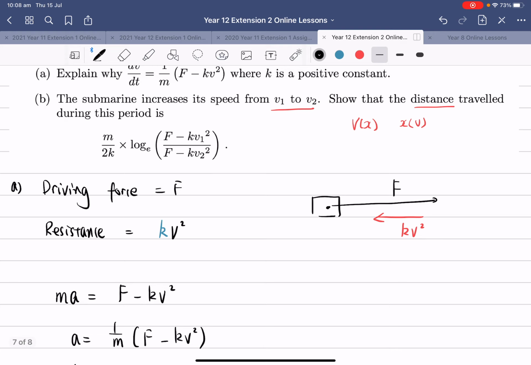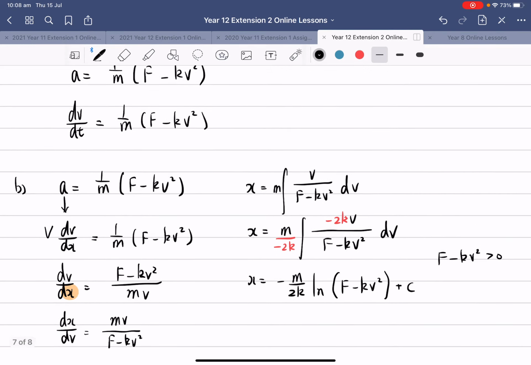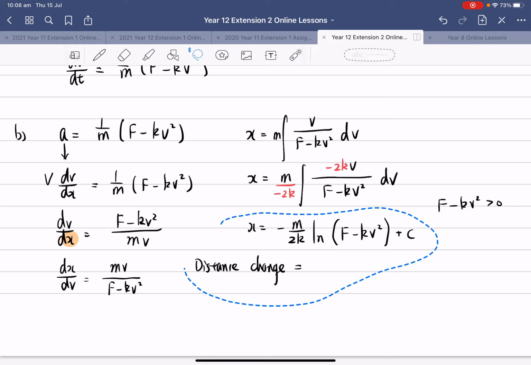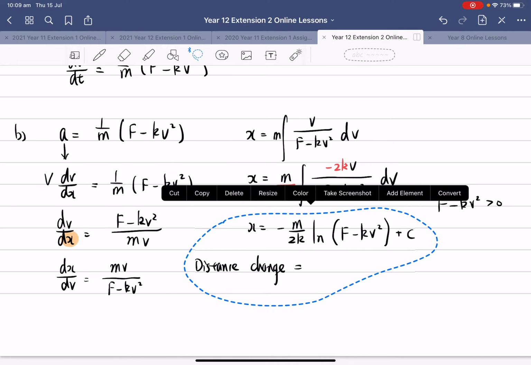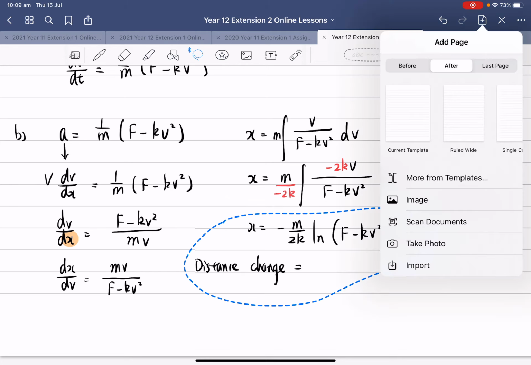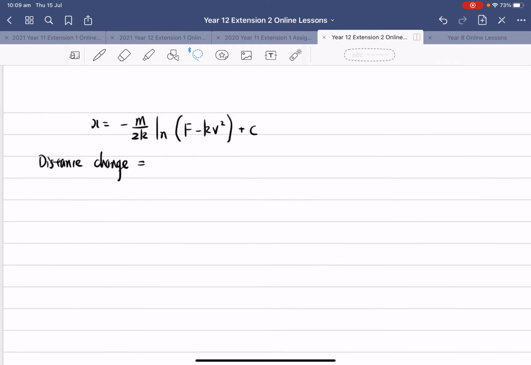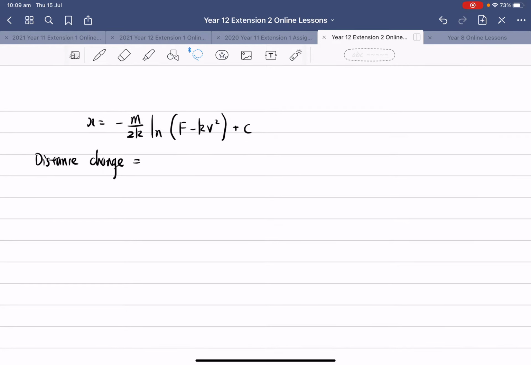All right, so once we finish this, now we need to do the substitution to find out the change in distance from V1 to V2. All right, so the distance change is equal to, maybe I'll just put this one into the next page, just easier. All right, so the distance change from V1 to V2, we substitute V2 first, and then minus V1.